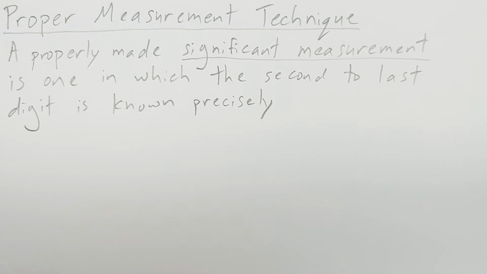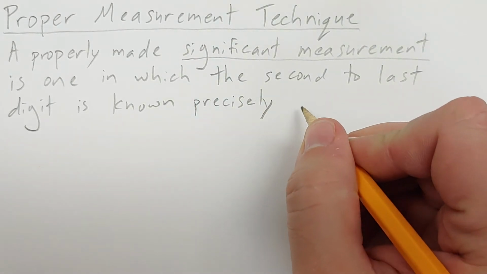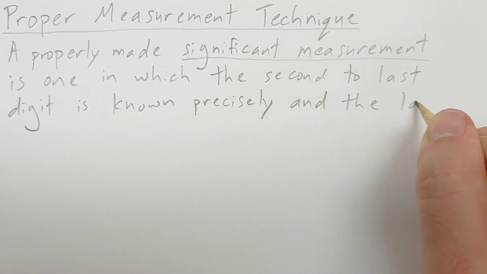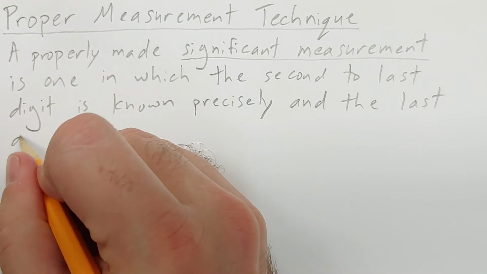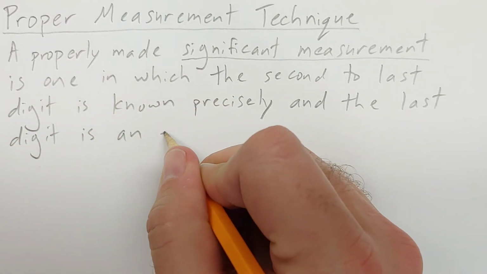And then we want to go one step beyond that to give a little bit more information. So the second to last digit is known precisely, and the very last digit is an estimate.